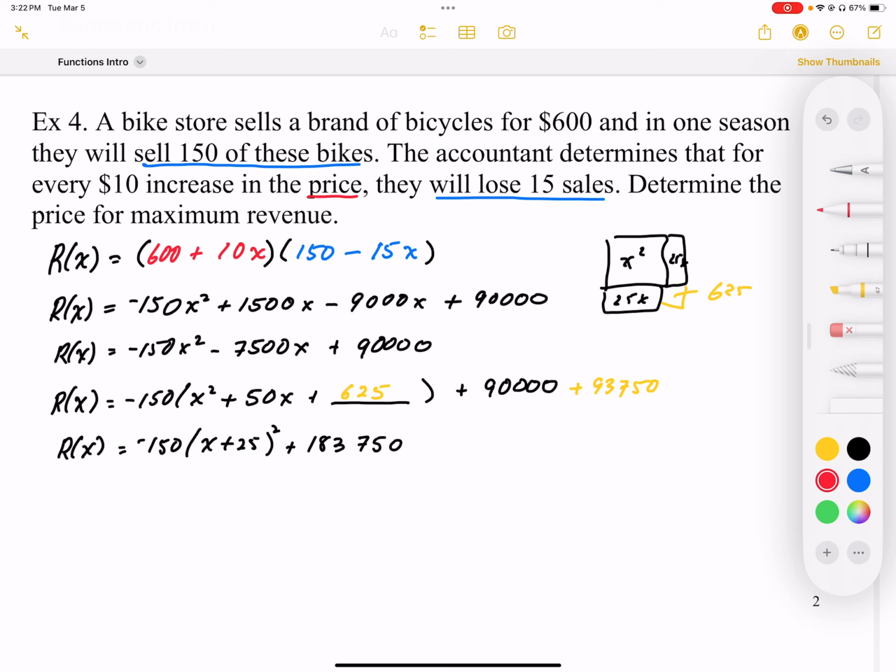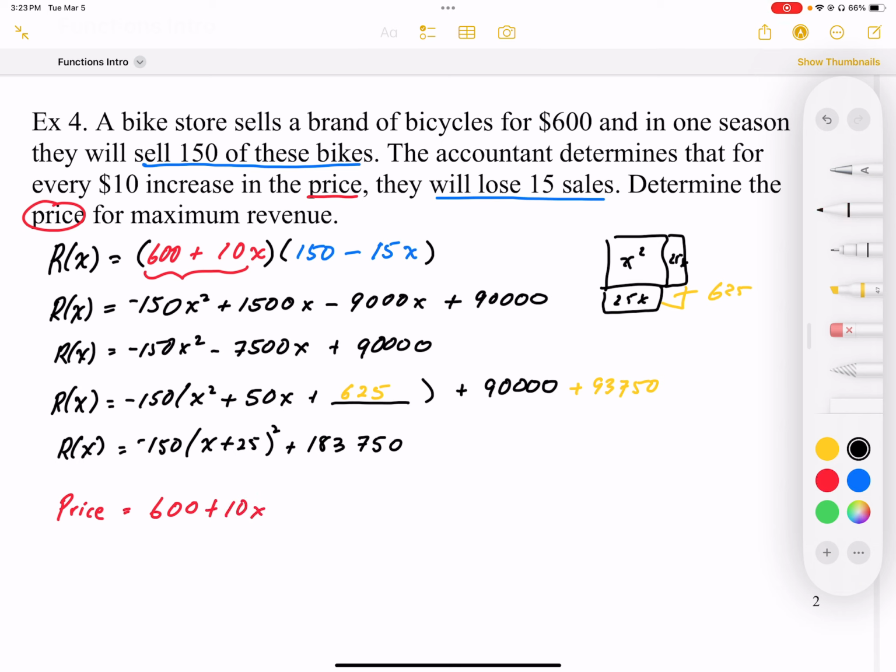Okay, so the best price for maximum revenue is going to be based on this price equation. So the price is going to be equal to 600 plus 10x.